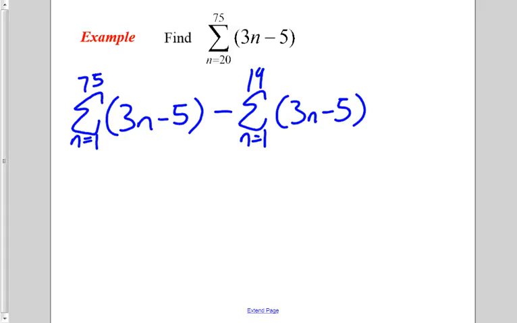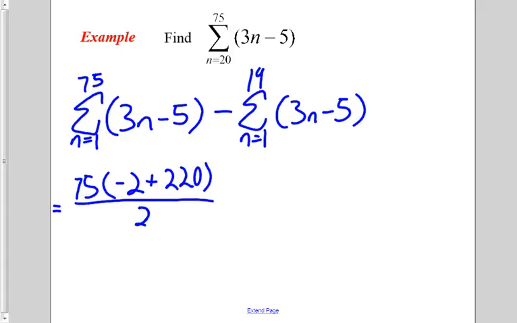Initially, my n would be 75 multiplied by u1, which is 3 times 1 minus 5, negative 2, plus un. Well, n in this case is 75, so 3 times 75 is 225, minus 5 is 220, and all this is just divided by 2.